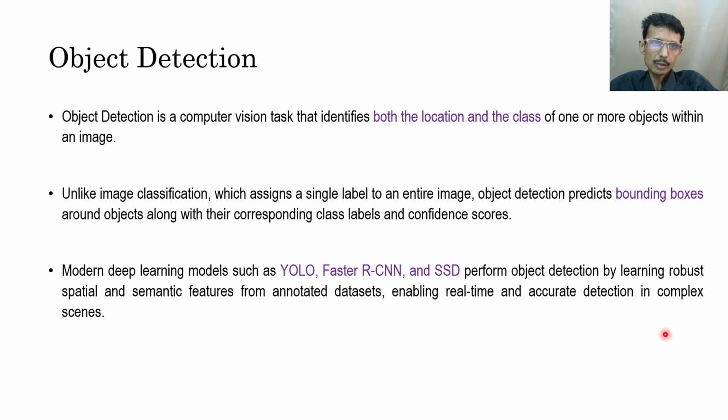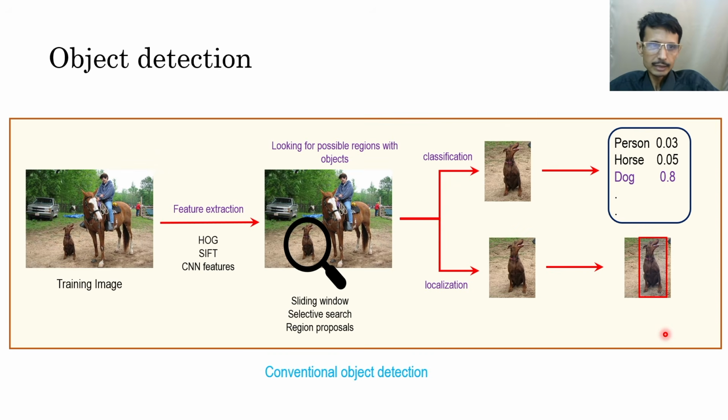Our next task is object detection. Object detection is a computer vision task that identifies both the location and the class of one or more objects within an image. So given this image, which is a training image, we see there are different objects. Let's consider one object, like a dog here.